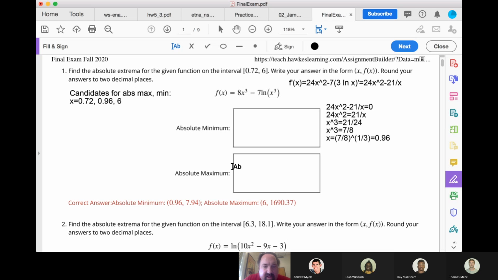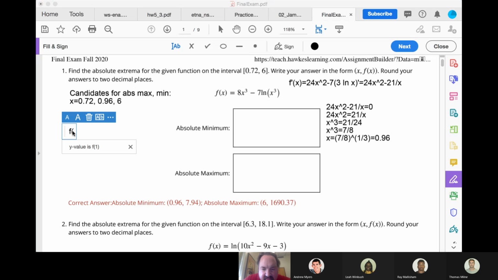So what we get is, for the left endpoint, 9.88 rounded to 2 decimal places, and then 0.96 turns out to be slightly smaller, so 7.94.